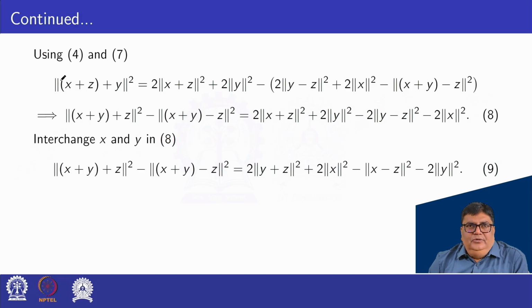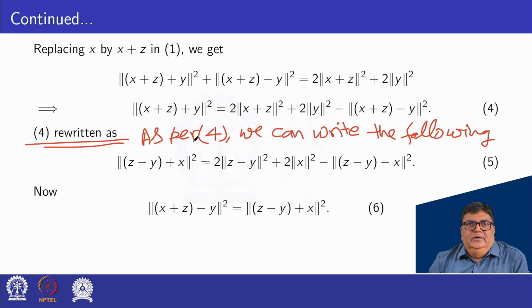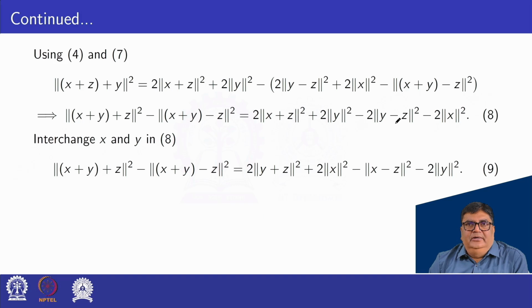So, norm of (x plus z plus y) square equals 2 norm of (x plus z) square plus 2 norm of y square, putting the value of the square of the norm of (x plus z minus y) from 7.